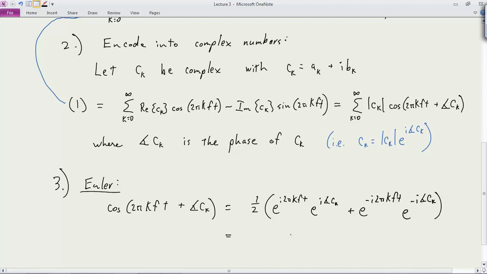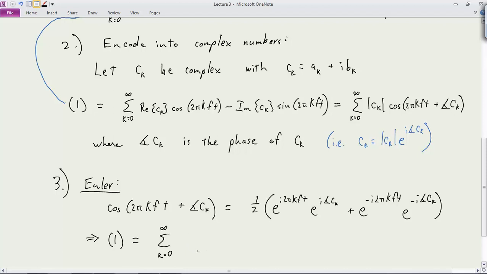Which equals, so therefore, okay, so that's what cosine equals. So therefore, the above, I'll just keep referring to that as 1, equals the sum k equals 0 to infinity of the magnitude.